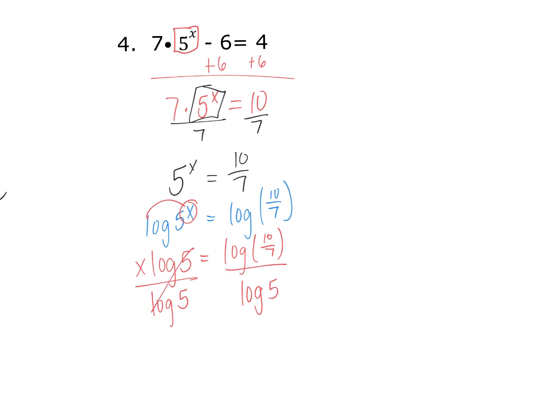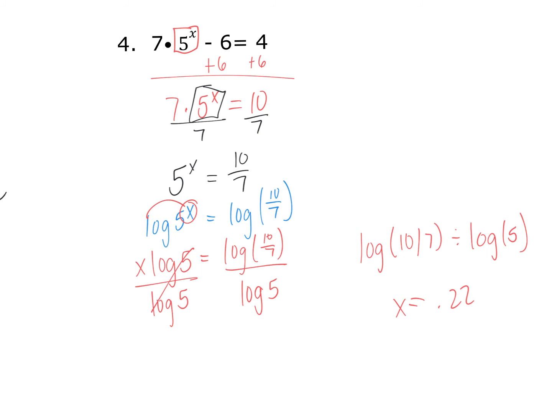In your calculator, you should be typing log, open your parentheses, 10 divided by 7, close your parentheses, divided by log of 5, close your parentheses, and then press enter. Your answer should have been x equals 0.22. So that's how you're going to complete these problems. If you have to rewatch that section, go ahead and do.